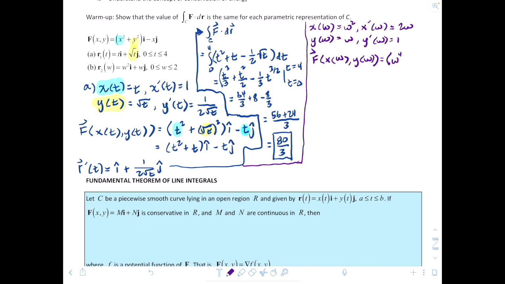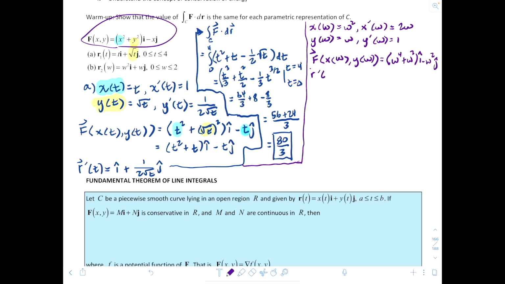So w to the 4th plus w squared times i, and then minus x times j, so minus w squared times j. So again, all we did is evaluate x at w and y at w in the vector field F over here. Cool?